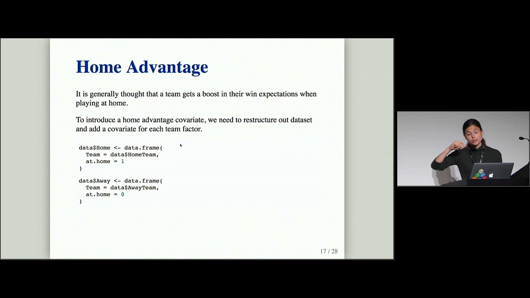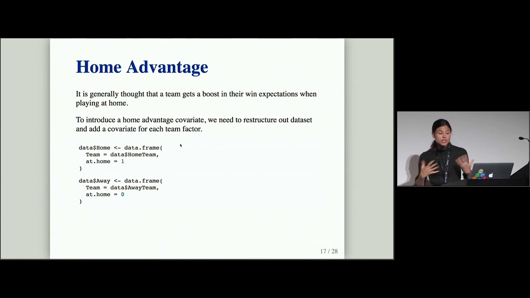So effectively what we do is create a data frame for each of the teams, in this case home and away, and then we indicate the covariate variable that corresponds to that particular team. In this case, the home team's always at home by definition, so we assign a 1 for the home covariate, and then a 0 under the away.